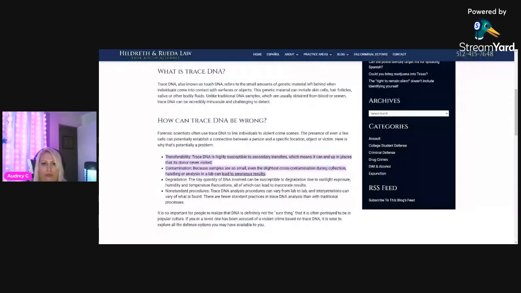There are fewer standard practices in trace DNA analysis than with traditional processes. So it's important for people to realize that DNA is definitely not a sure thing. Especially not as much of a sure thing as it is often portrayed to be in popular culture.